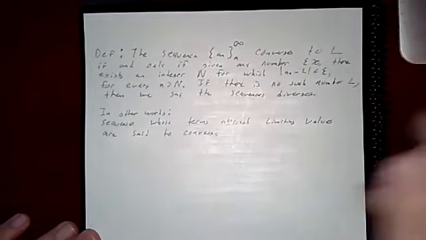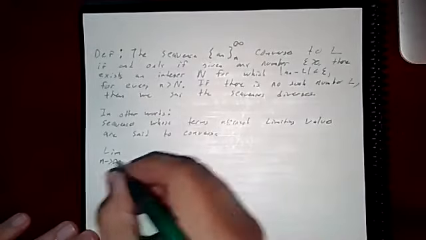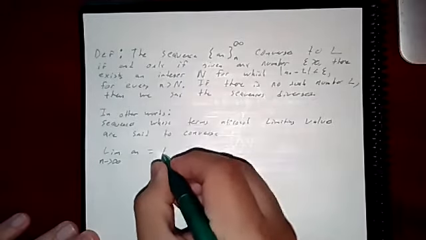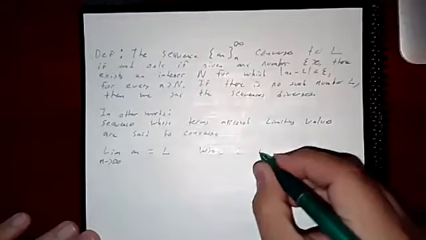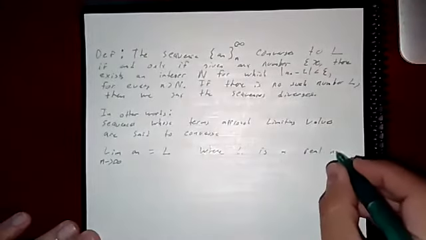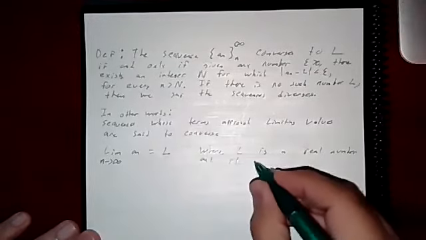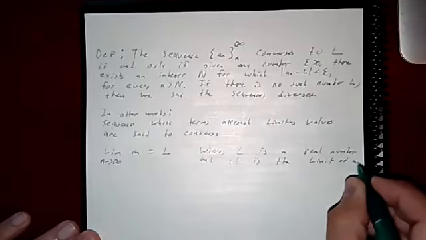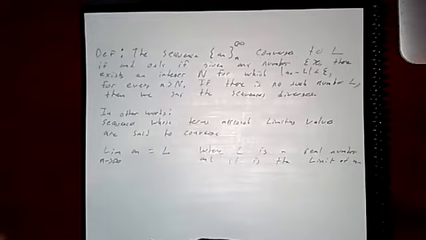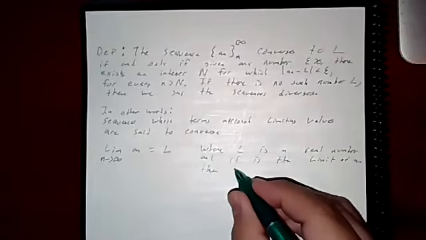Now to make it even more simple, what I'm saying is if the limit of a sequence exists and it converges to some number L, a finite number, where L is a real number, and it is the limit of an, then an converges.